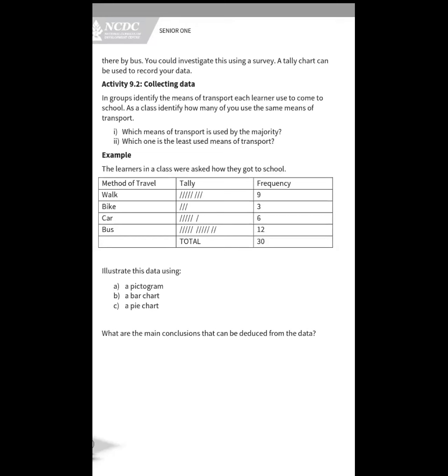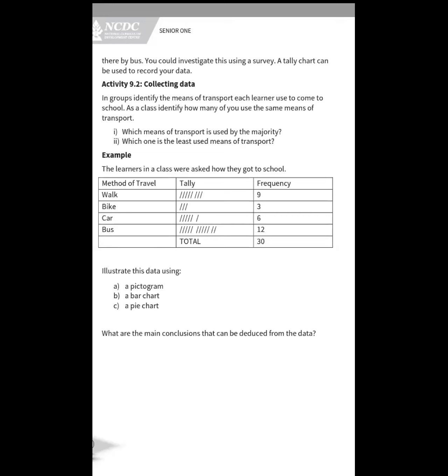Look here, please unmute. Teacher, I'm beginning from the example, right? Yeah. Example, the learners in your class were asked how they go to school. Method of travel, tally and frequency.